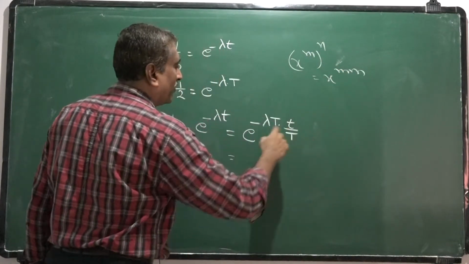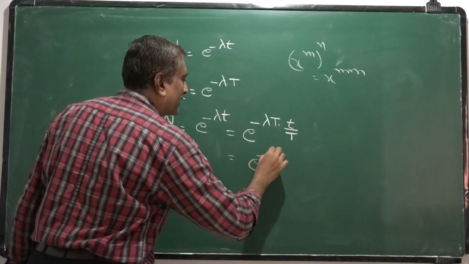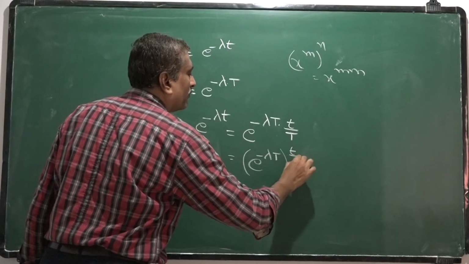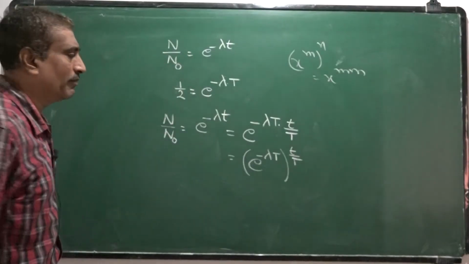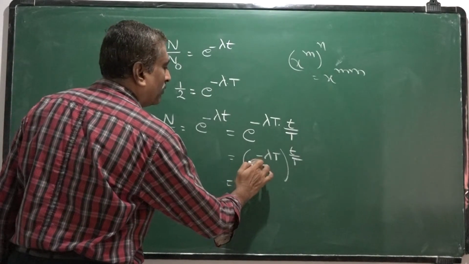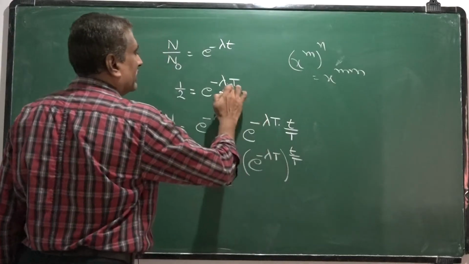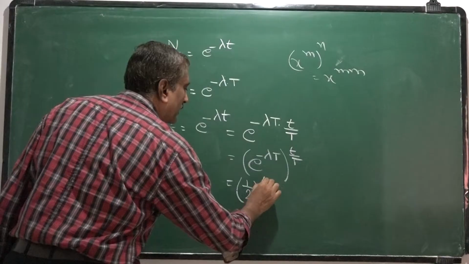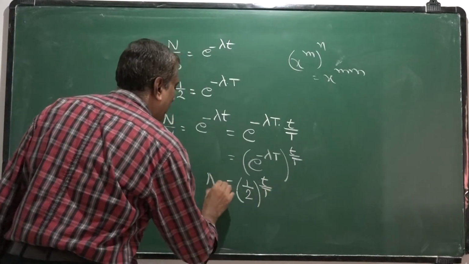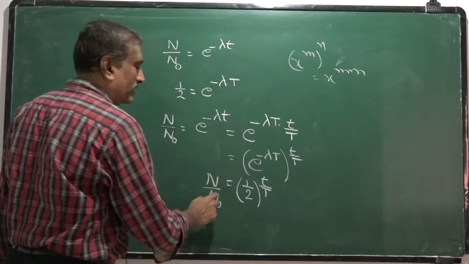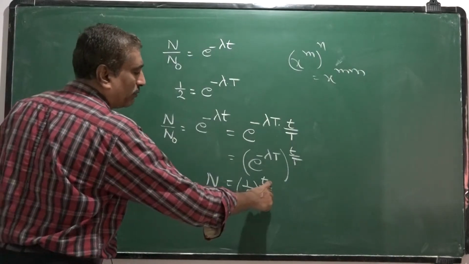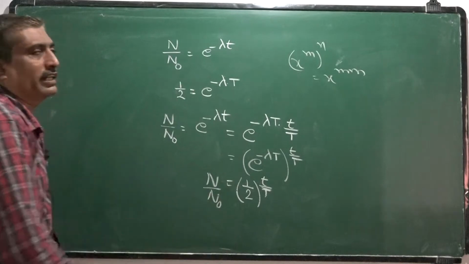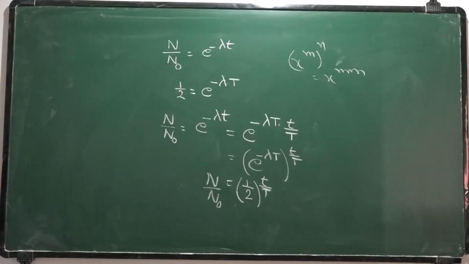So here also we can take it as e power minus lambda T whole power t by T. That means e power minus lambda T is equal to half. That means 1 by 2 whole power t by capital T. So N by N0 fraction is equal to half to the power t by half-life period capital T. So using this relation we can easily calculate the problems.